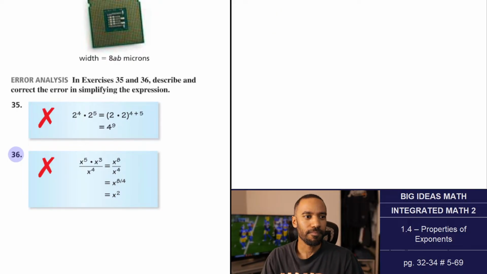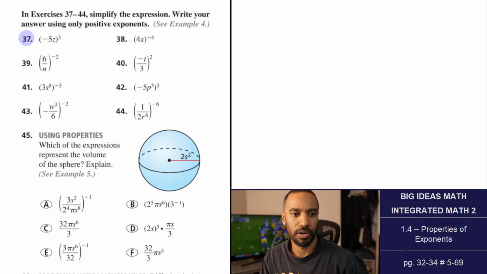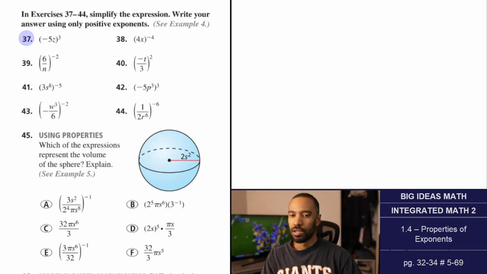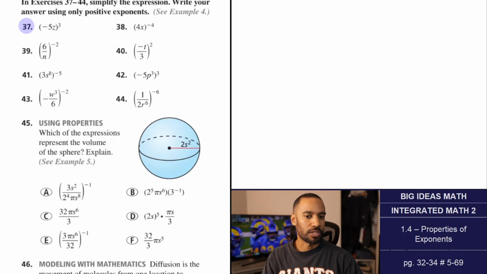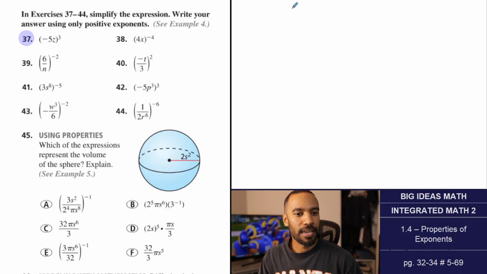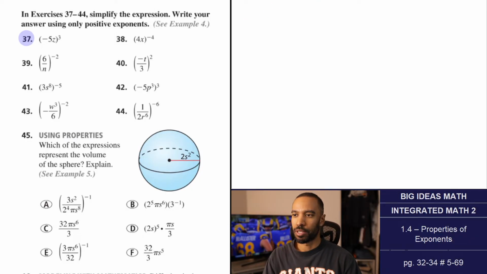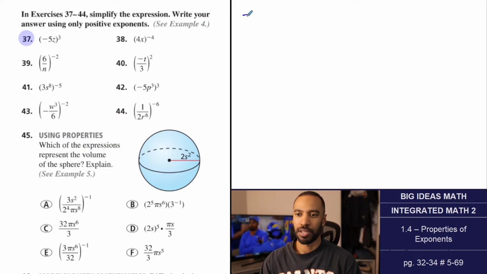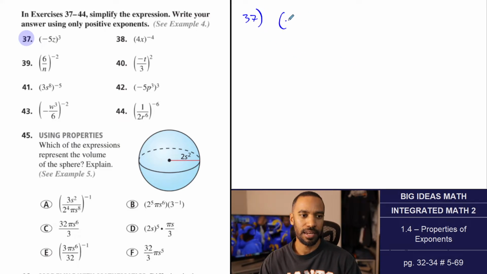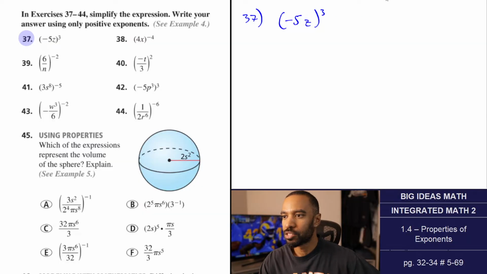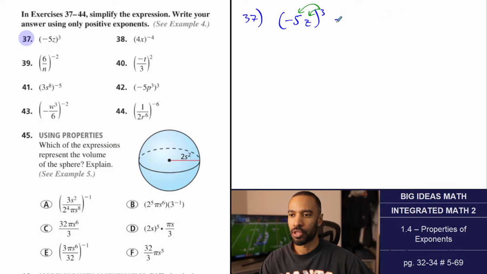Okay. Moving forward to numbers 37 to 44. Some things with parentheses. Oh, that's multiple choice. Okay. Simplify the expression. Write your answer using only positive exponents. Number 37, we have the quantity negative 5z raised to the third power. This is where both the negative 5 and the z separately get raised to the third power.